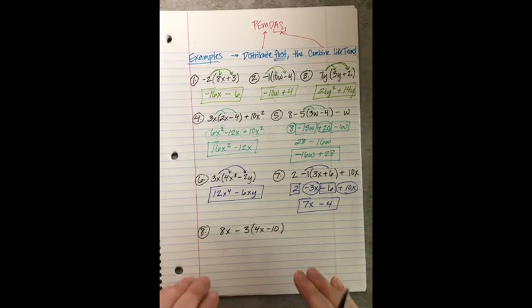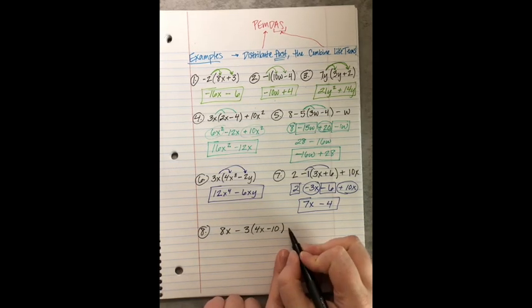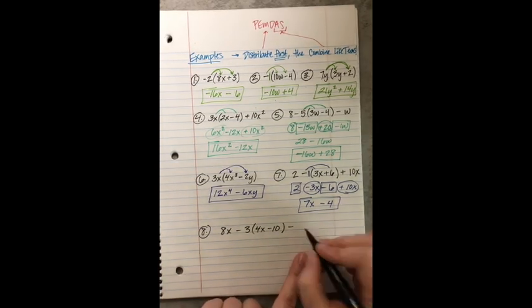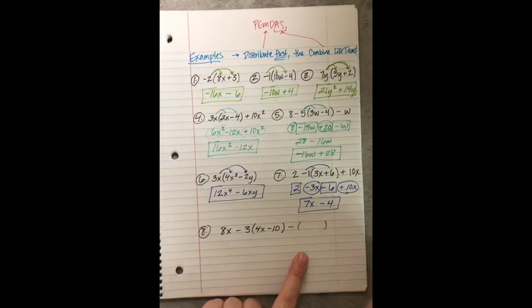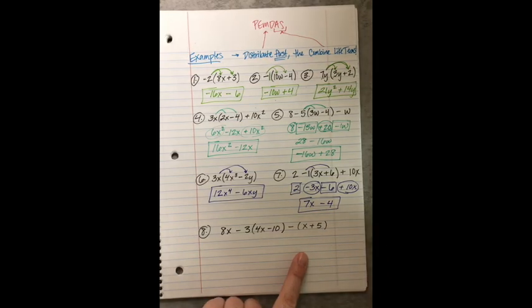We're not done. Double check you wrote that correctly though. After that, you're going to subtract a set of parentheses. Inside the second set of parentheses is x plus 5. And after that, you're going to add 3. Like I said, if you can do this, you can do anything.